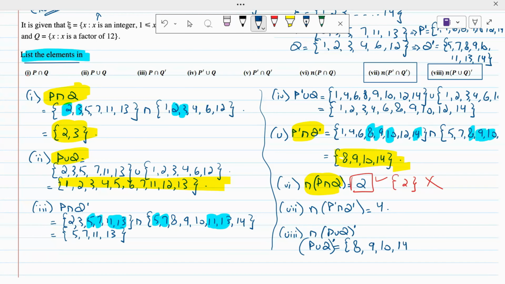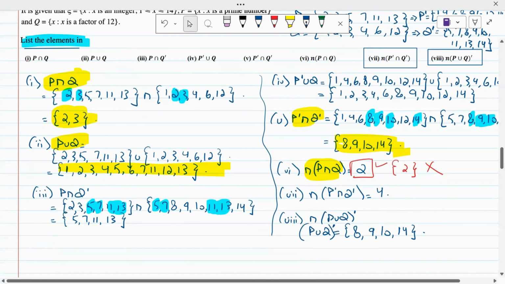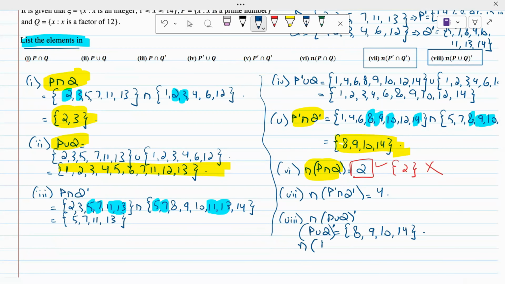So 14. These are the 4 elements in the set P union Q whole complement. And finally, n of P union Q whole complement will be the count, which is only 4.